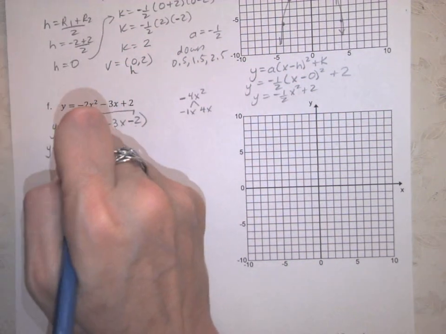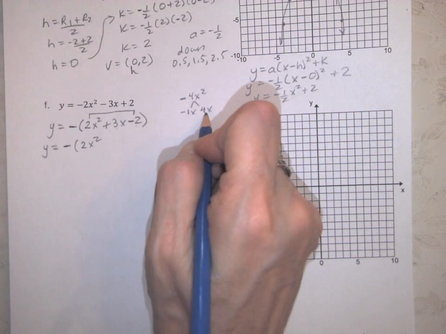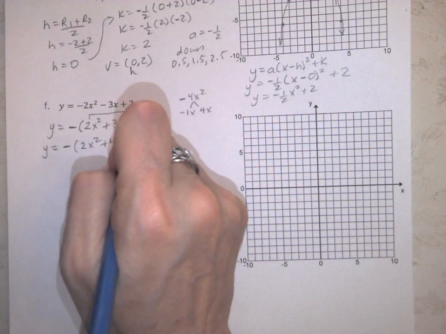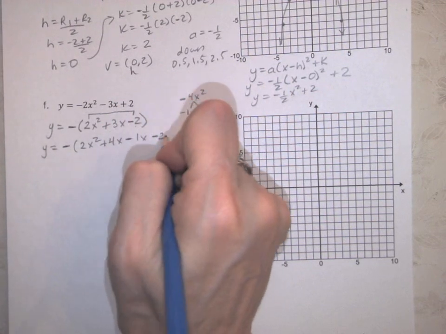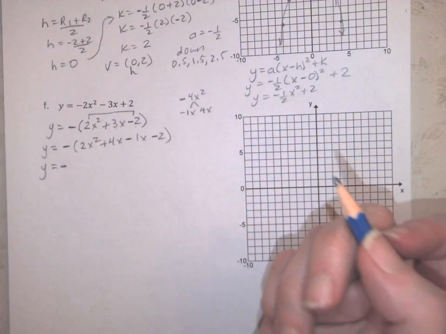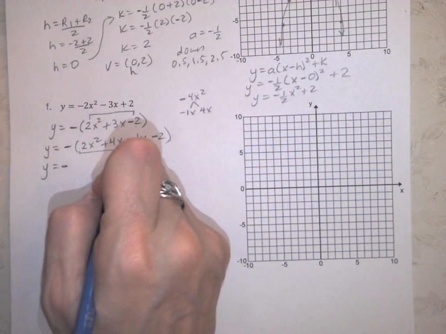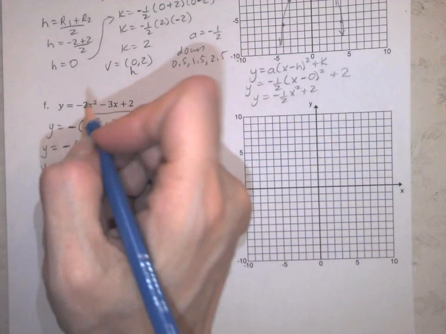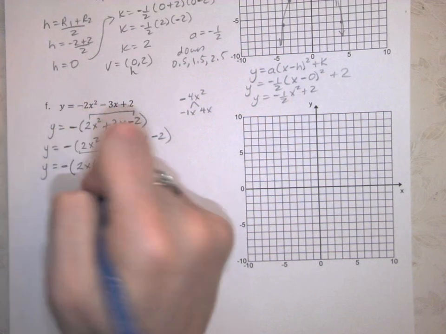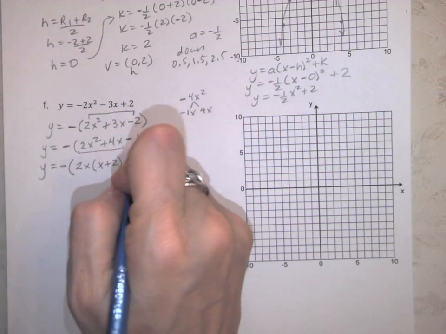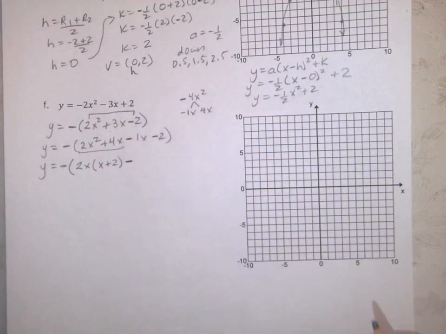So keep your negative in your bracket. I'm going to say 4x has more in common with 2x squared than minus 1x minus 2. Here's where we get our nested brackets, because within this bracket, we're going to factor by grouping. So in common with the first 2 terms would be 2x. And then the sign that comes next.